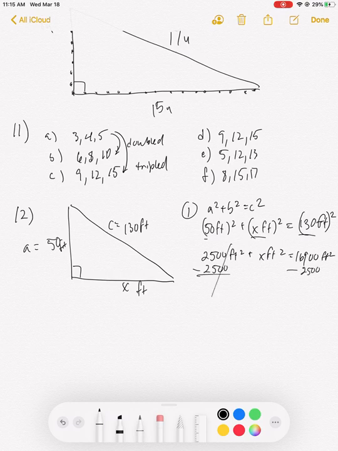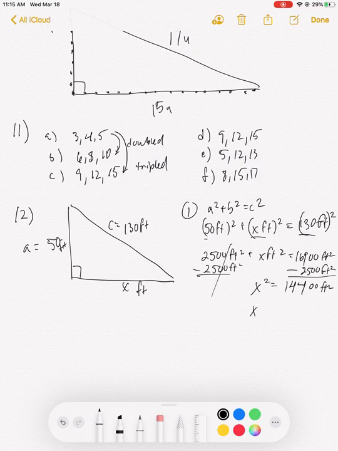That will simplify there. 169 minus 25, I'm going to do that one on my calculator, and I get 144, so 14,400 feet squared. That's what x squared is.